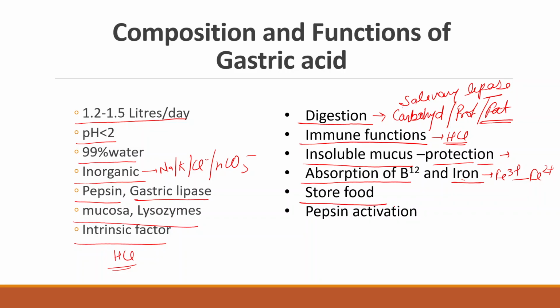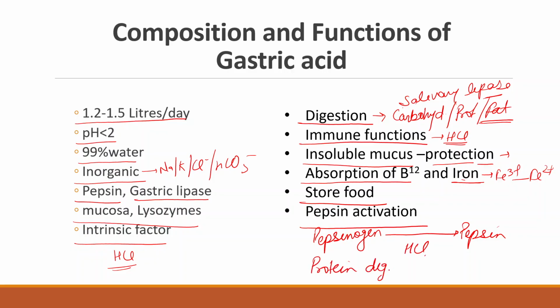Yes, it also helps in storage of food, and pepsin activation is basically done because pepsinogen is secreted in inactive form, and it becomes pepsin in presence of HCl. So protein digestion happens because of this HCl here.